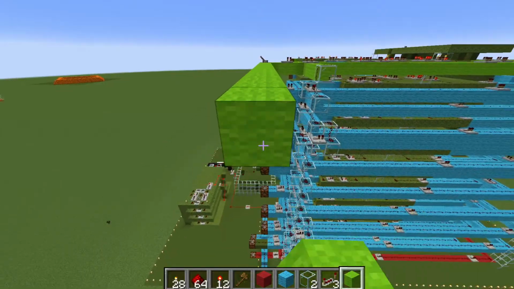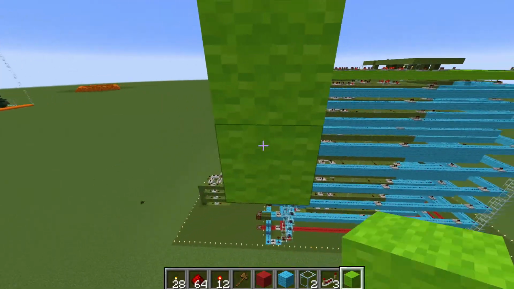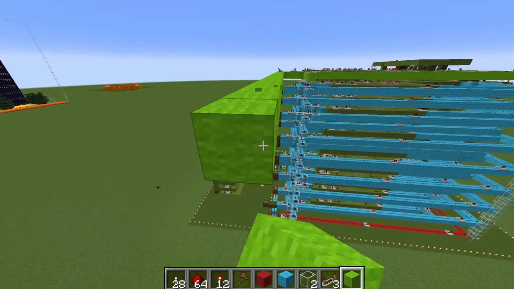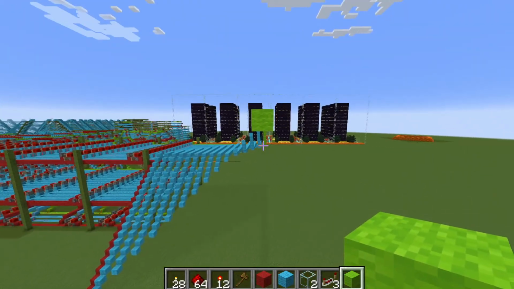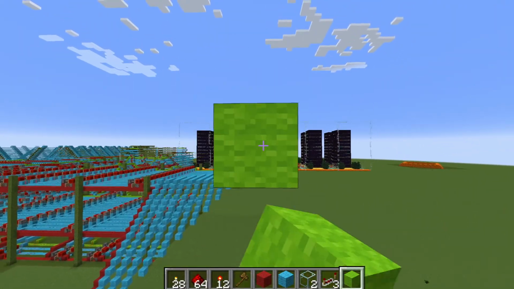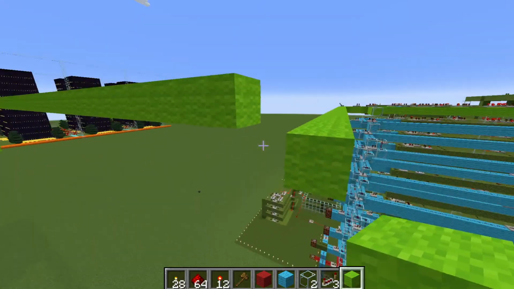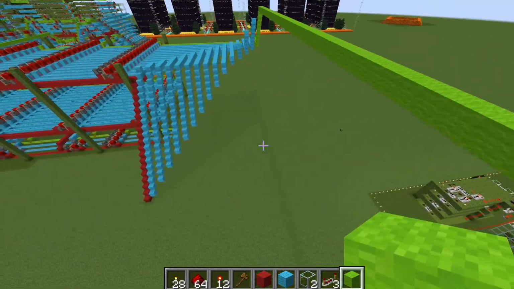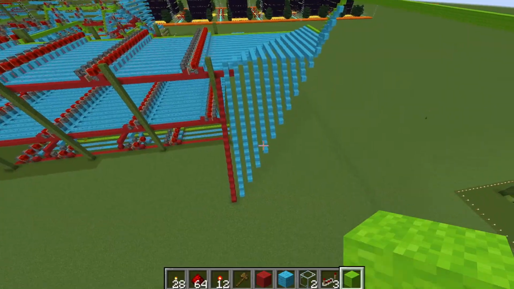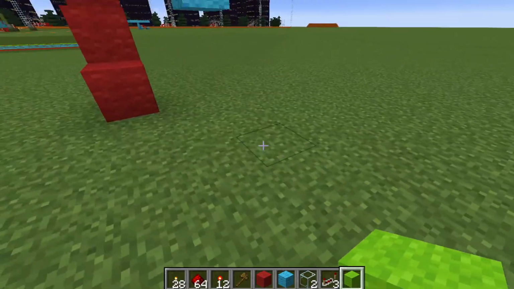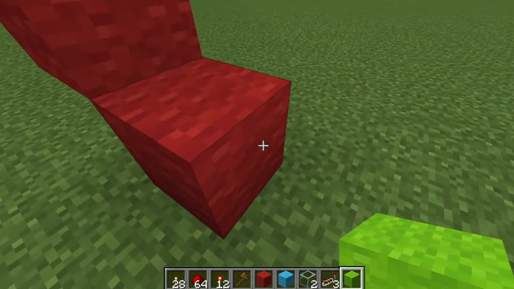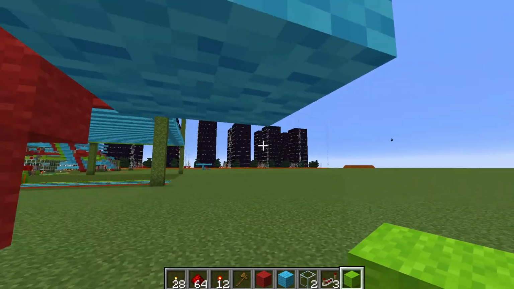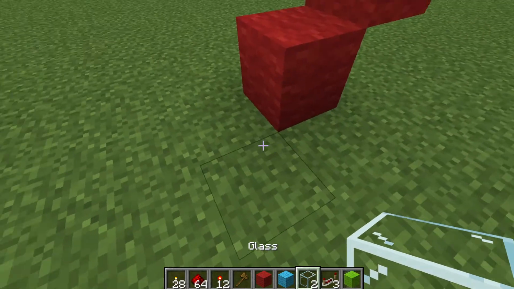Oh, yeah, see, I think it's one higher. It's one too high. And that would be because this is one too high. They all need to be brought down one.